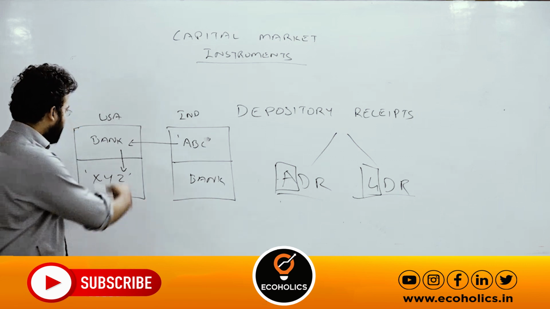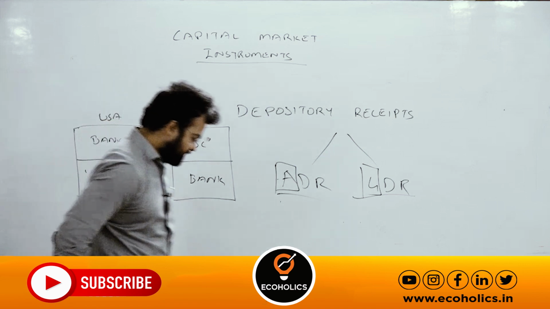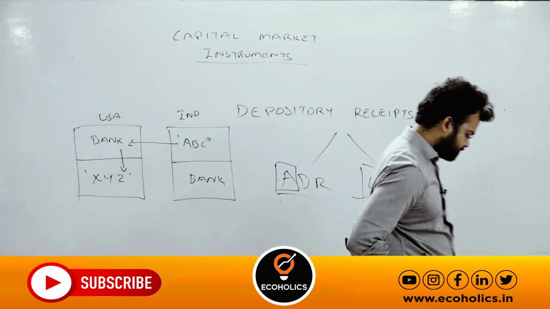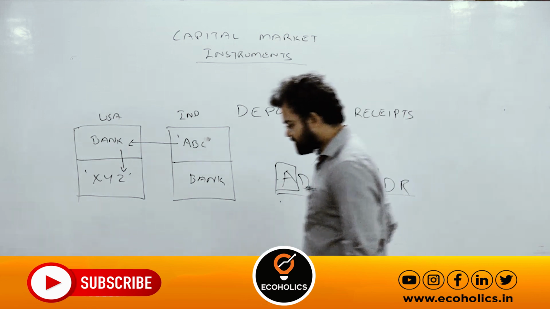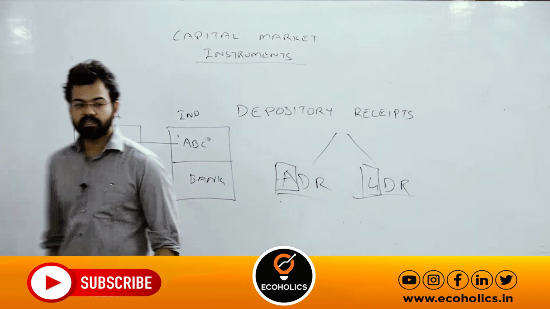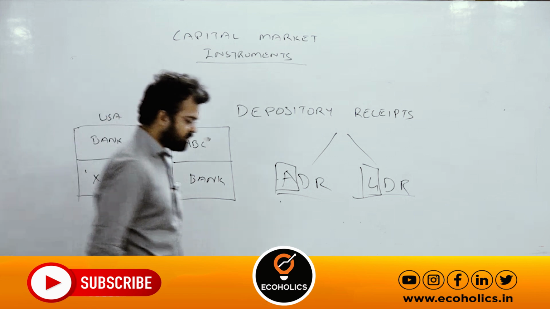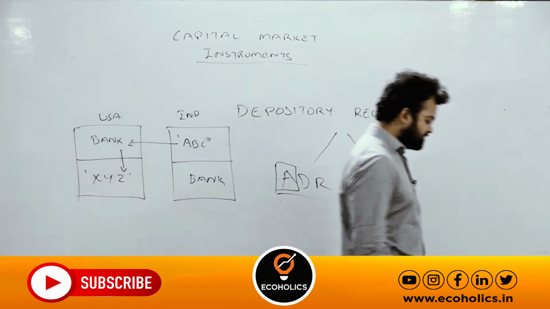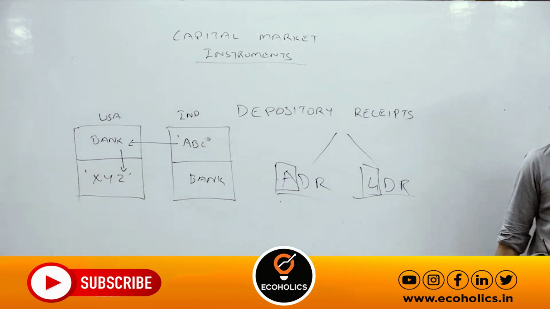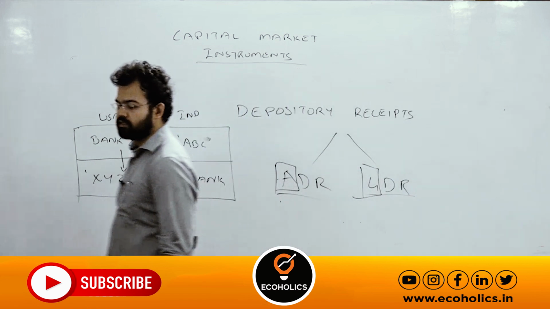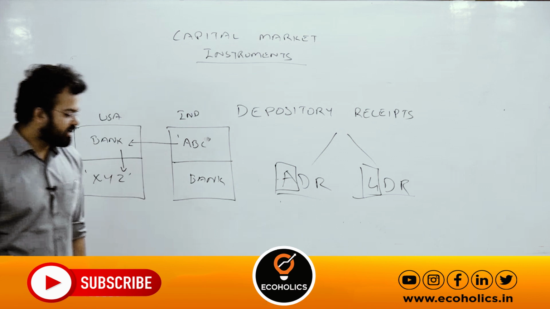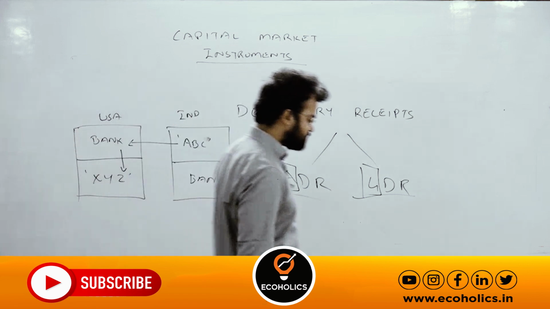Okay. So you write: depository receipts come under two categories. If it is issued in America, it is known as ADR, American Depository Receipts.